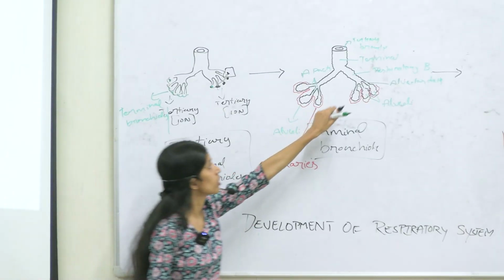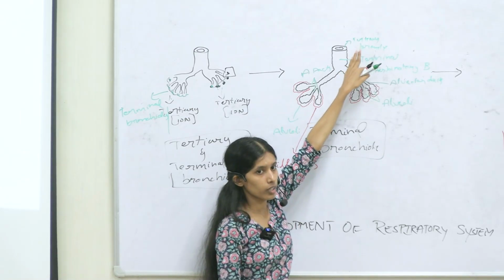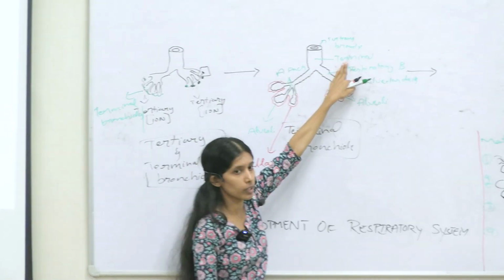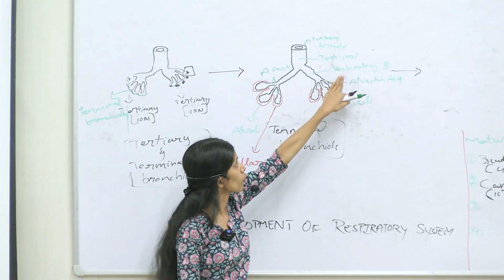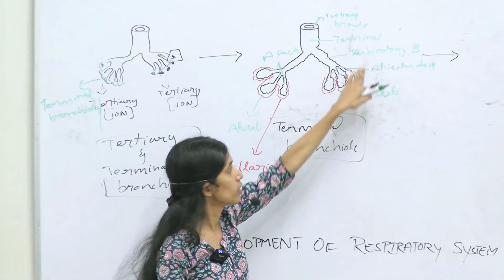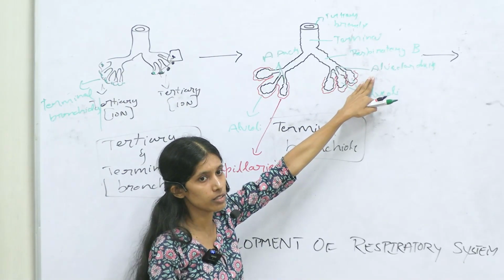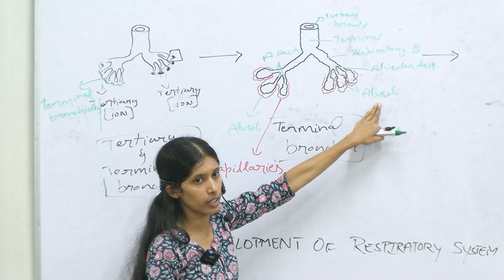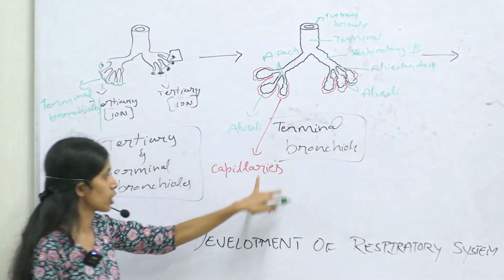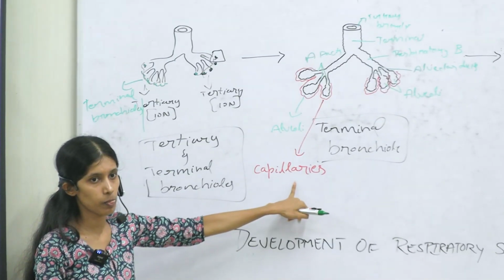In this one, this is tertiary bronchi followed by terminal bronchiole followed by respiratory bronchiole. Then we have alveolar ducts followed by alveoli, and these alveoli are surrounded by capillaries.